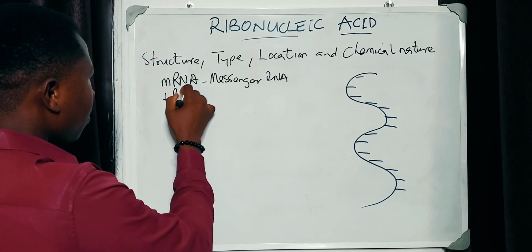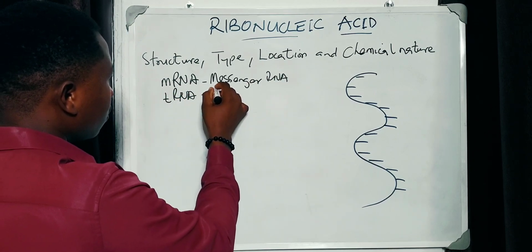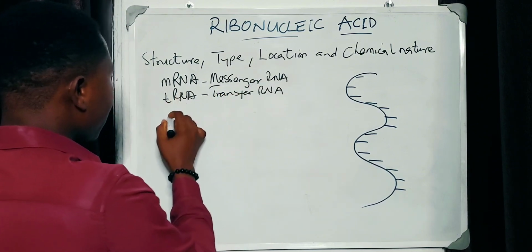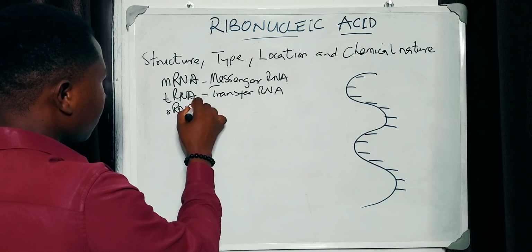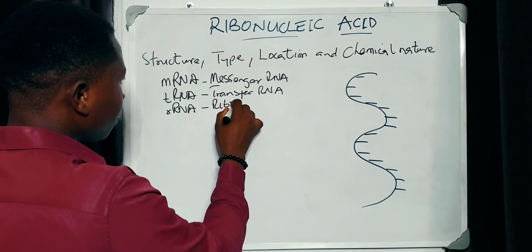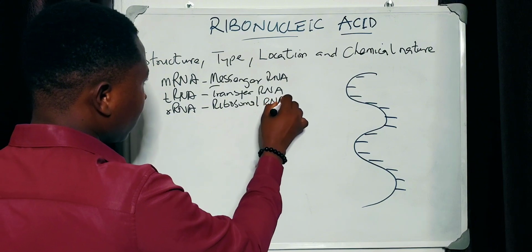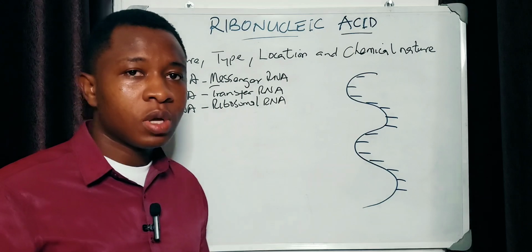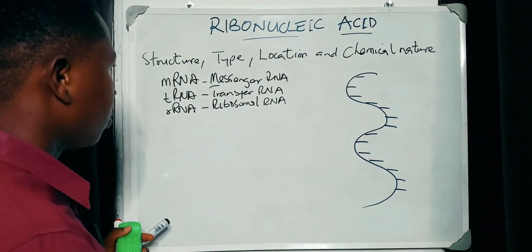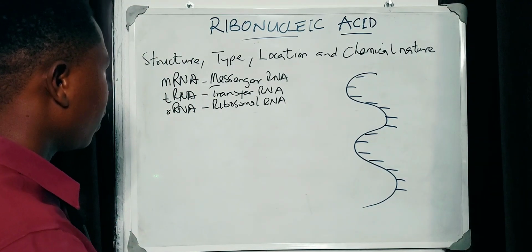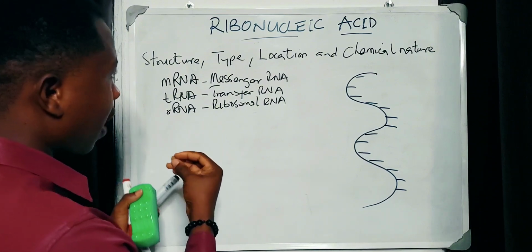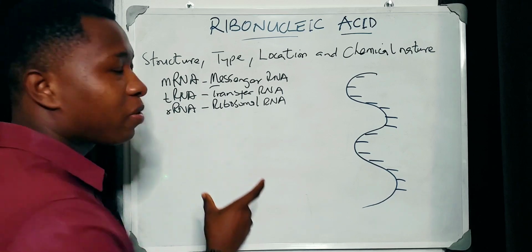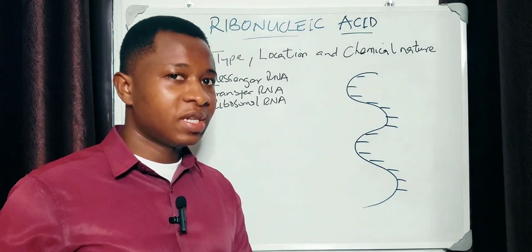We have the tRNA, which stands for the transfer RNA, and we have the rRNA that stands for ribosomal RNA. Now, these types of RNA play different functions when it comes to the synthesis of molecules in the cell. Okay, now these are the types of RNA we have. I'm going to be expanding more on these types of RNA when I talk about protein synthesis.